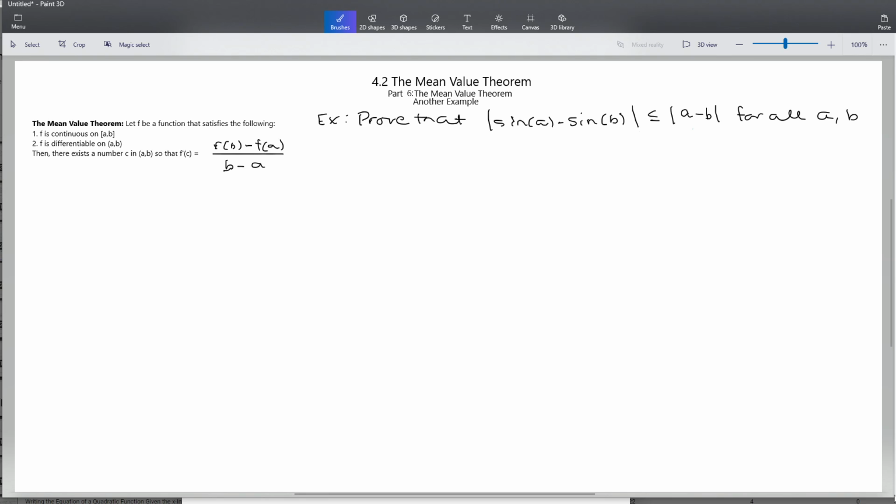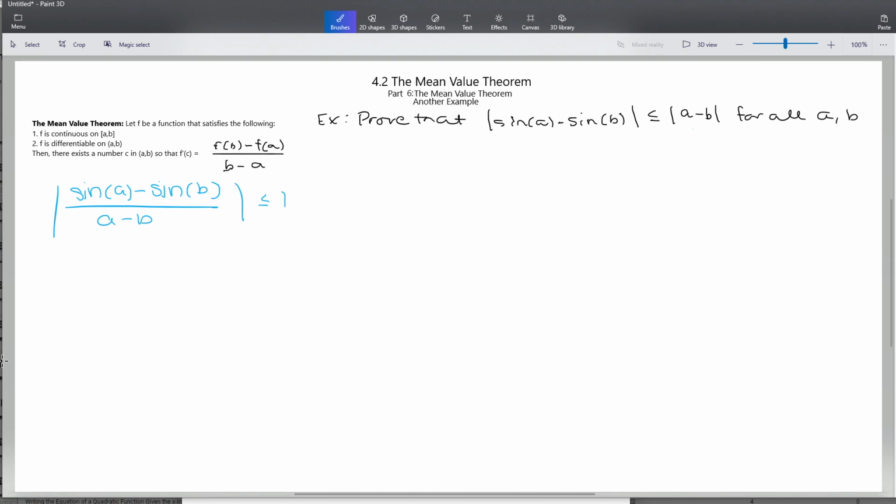What I had was that the absolute value of sine A minus sine B over A minus B was less than or equal to 1.